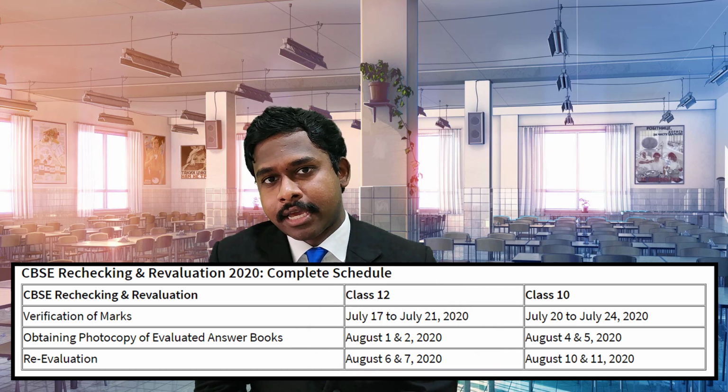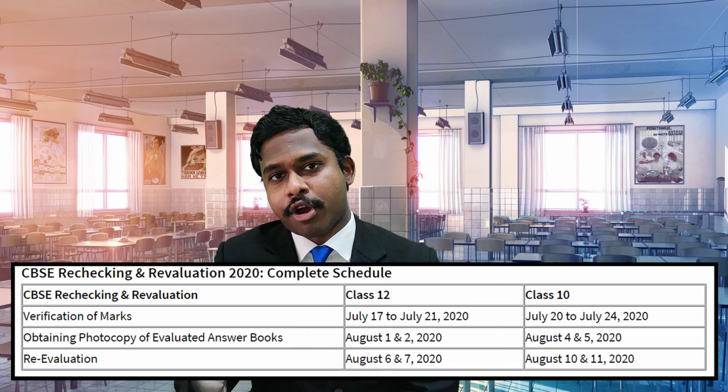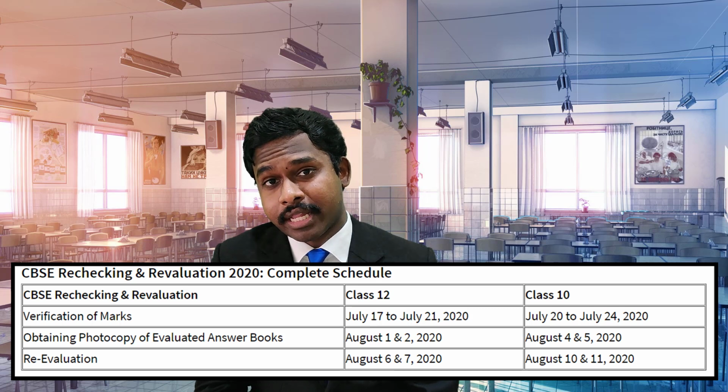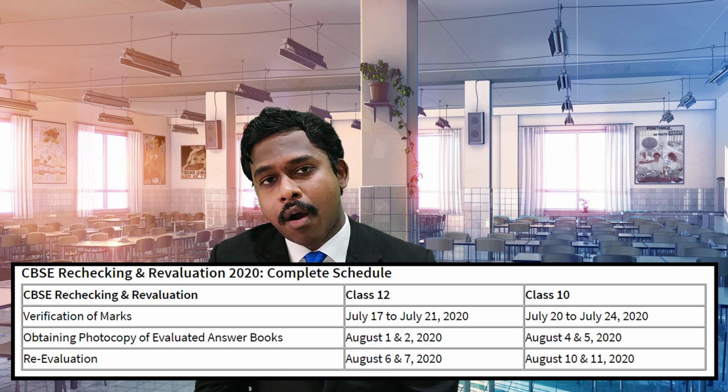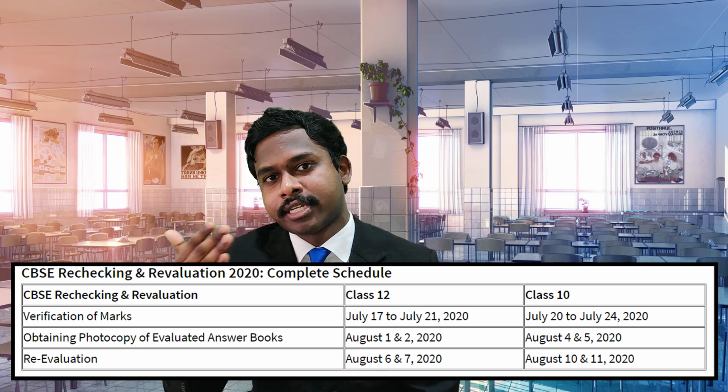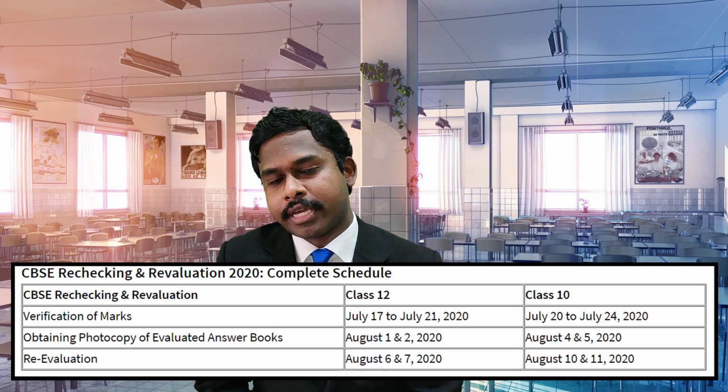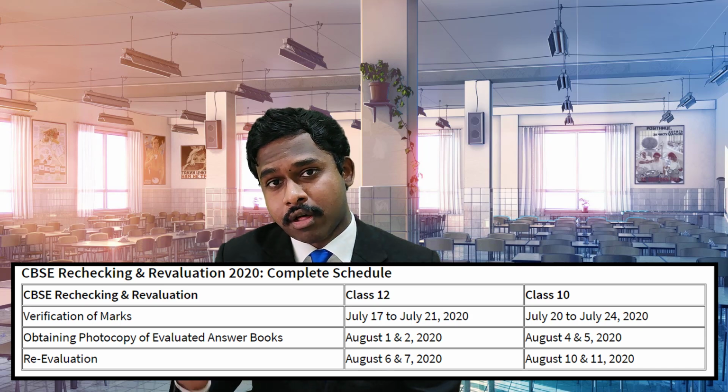After that comes obtaining a photocopy of your answer booklet, which happens from August 1st to 2nd, and then comes the reevaluation, which happens on August 6 to 7. So it is a sequential process, one step at a time.